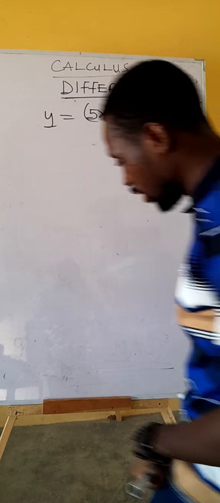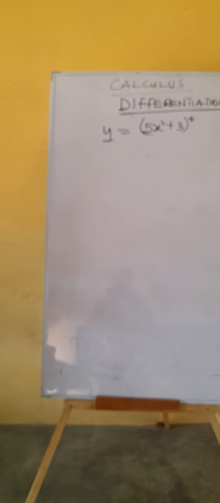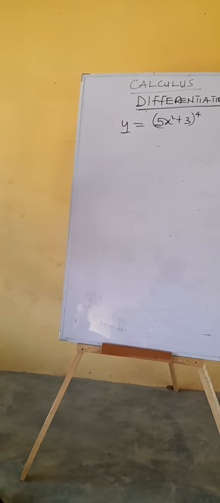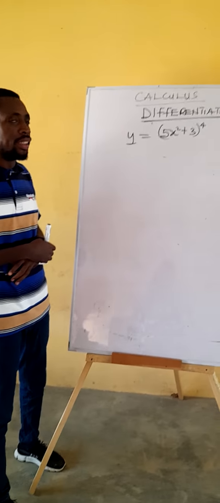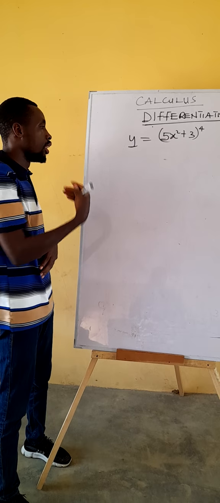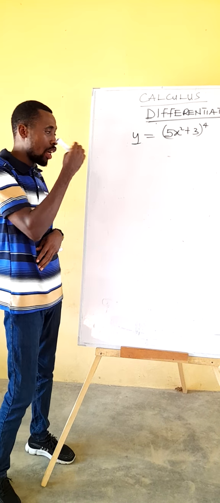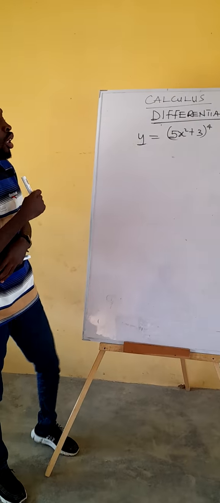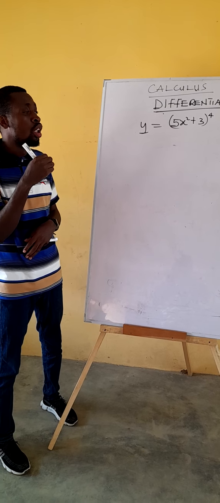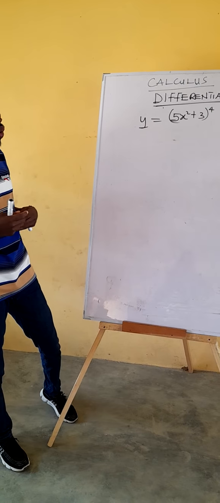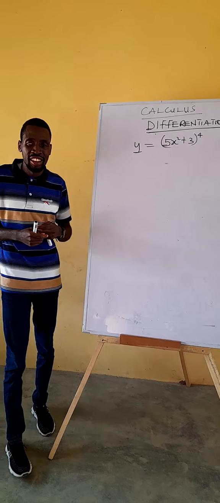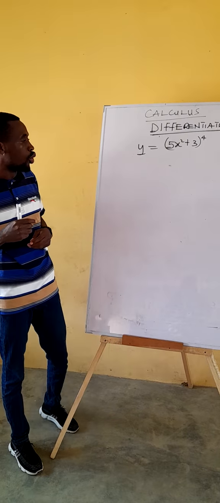Okay, come with me. If there is a question like this, chain rule states that you let u be equal to the base of the equation of the curve. If you don't want u to be equal to the base and you want to find the differential directly, that's differentiation without using the chain rule.